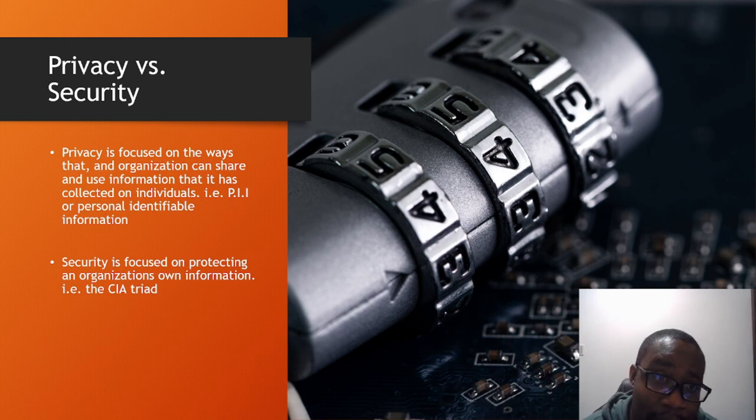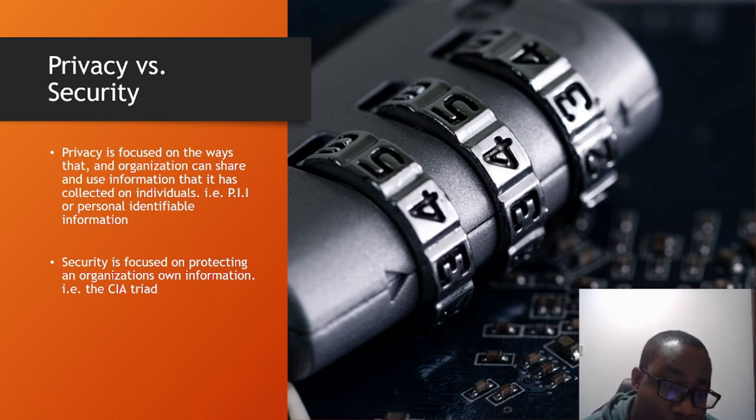And then next up, we're going to go into privacy versus security. Privacy is focused on ways that an organization can share and use information that it has collected on individuals, i.e., PII or personally identifiable information.